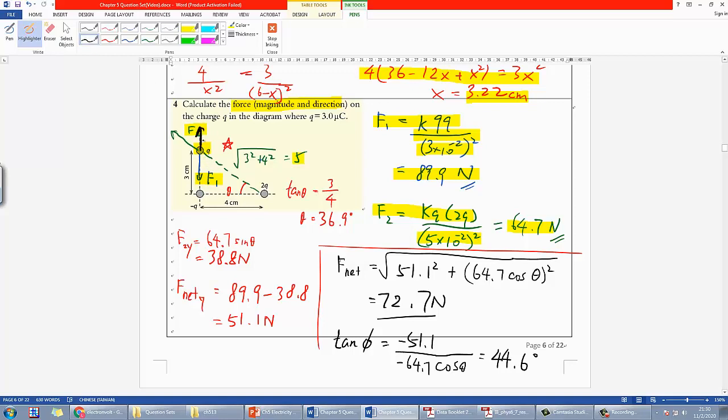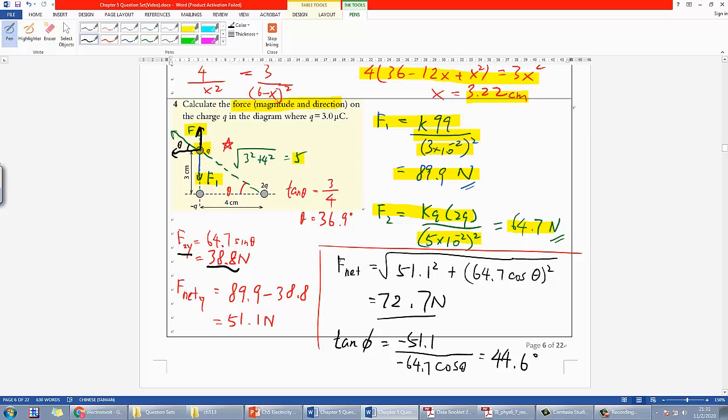So vertical and horizontal. I call the vertical one F2y because it's vertical, right? Then you can use sine theta because you can find the theta here, and this is theta also, because of the, I don't know how you call it, alternate angle or corresponding angle, whatever that is. And then you can find the vertical component of F2, which is 38.8.